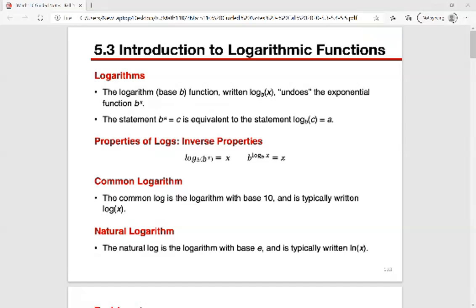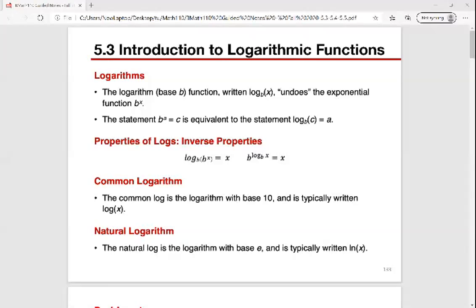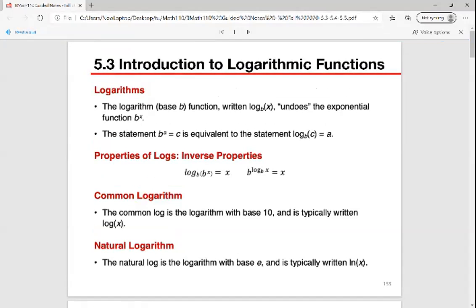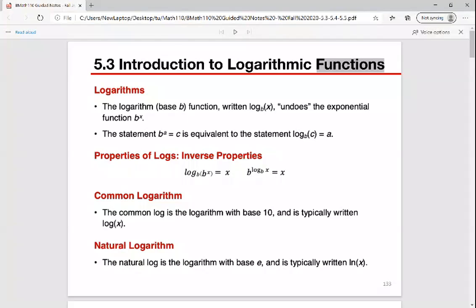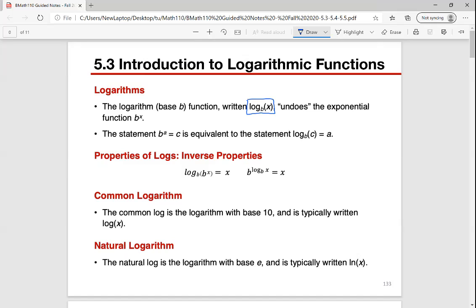So, the logarithm base b function. Usually, if you see a logarithm function, it is written in the form log base b of x.